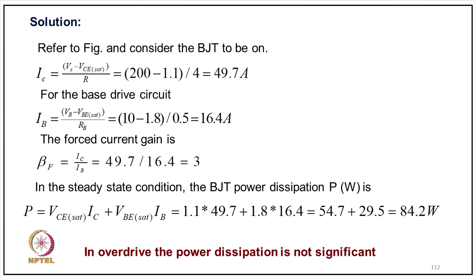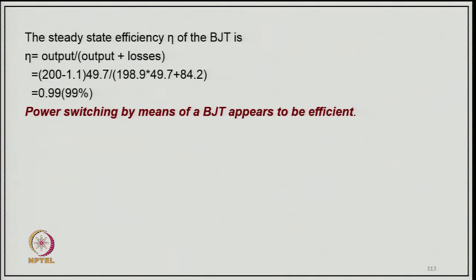In the steady state condition, the BJT power dissipation is P equal to VCE IC plus VBE IB, putting the values it comes 84.2 watt, and in overdrive the power dissipation is not significant. So, the steady state efficiency of the BJT is eta equal to output upon output plus input. Just putting the values of output and input, this comes 99%, and power switching by means of BJT appears to be inefficient.